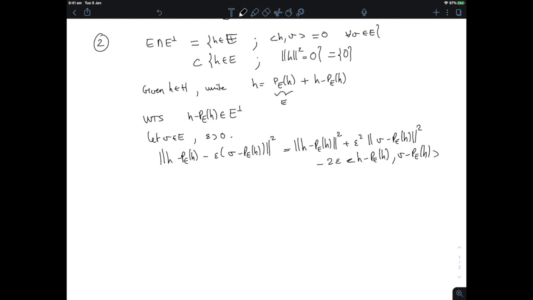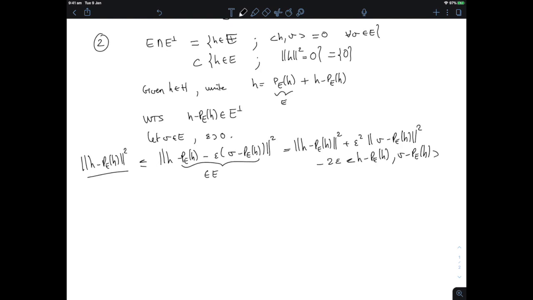Now, interestingly enough, I can say that H minus PEH squared is smaller than this quantity, and that is just because this here is a vector in E, right? Because E is a subspace. So because this quantity here realizes the distance between H and E, this has to be a greater quantity.